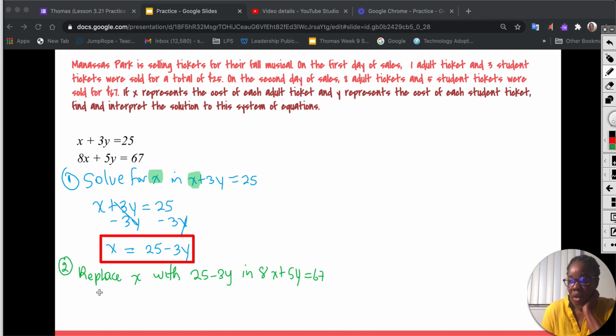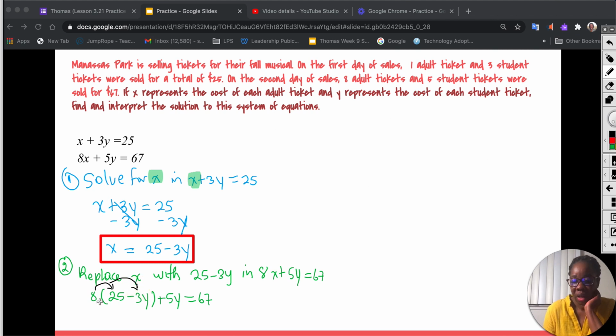So here we go. 8 open parentheses 25 minus 3y, close parentheses, plus 5y equals 67. We're going to use the distributive property to multiply that out in order to simplify.